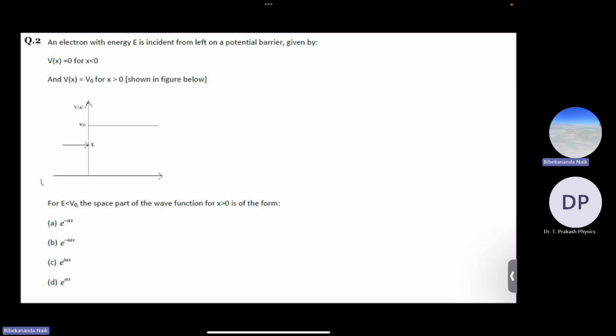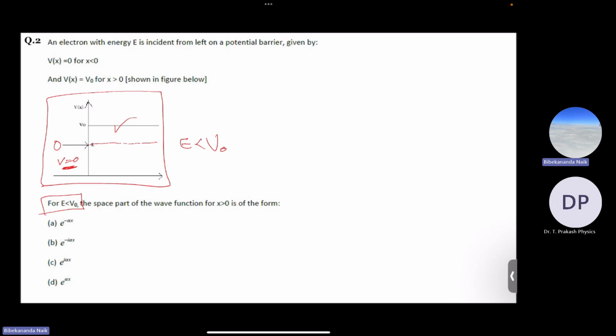You can clearly see the potential is 0 for x less than 0, and for x greater than 0 it is a constant value V0. The particle is incident from the left, and its energy is less than V0. This condition is also given. Then we need to find the wave function, and from that we can calculate the space part of the wave function for x greater than 0.